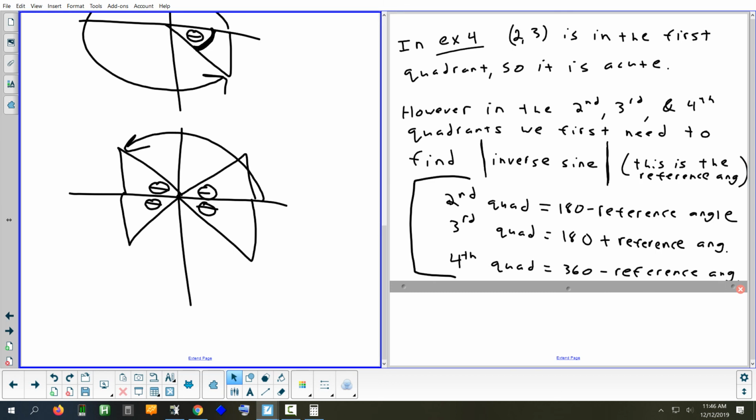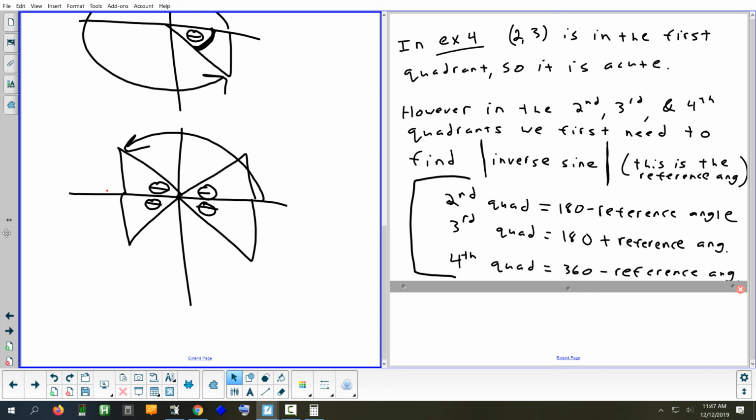That'll get you to right there. If you're in quadrant 3, it's 180 plus your reference angle. And if you're in quadrant 4, it's 360 minus. Another thing is your reference angle is always positive. Reference angles are never negative. So that's why I say take the absolute value of the inverse sine. That's the easiest way to find a reference angle.